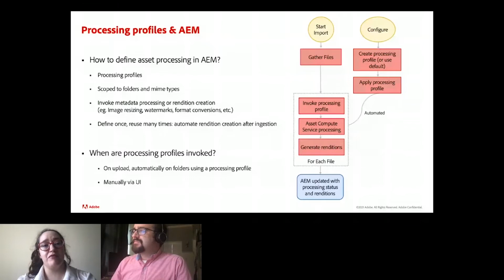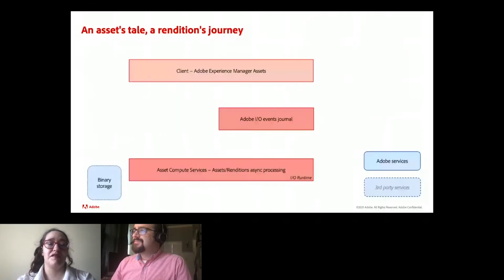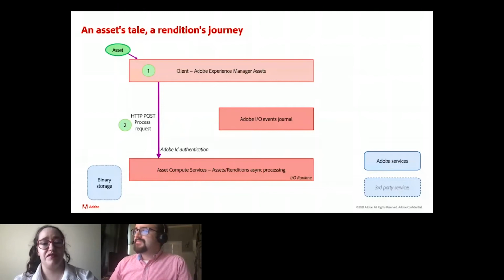So now I want to focus on what happens with the asset and the rendition, where they move, what is created when. So the first step in all this process is getting the asset inside of Adobe Experience Manager. Once this is done, AEM is going to create processing requests to the Asset Compute services, which is going to do an async processing of the asset to create the renditions.